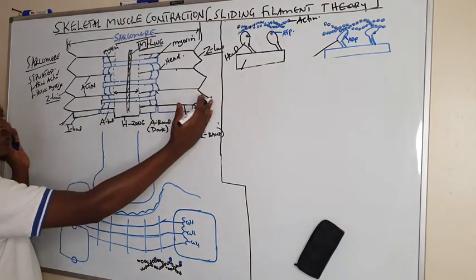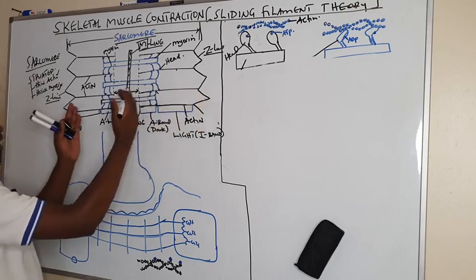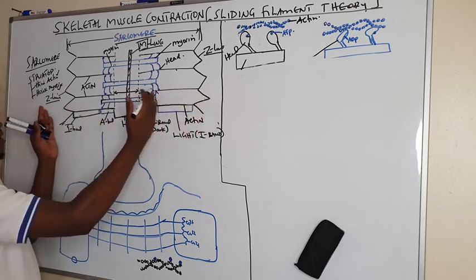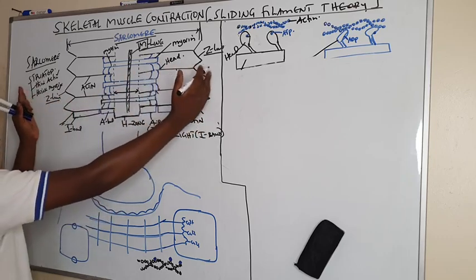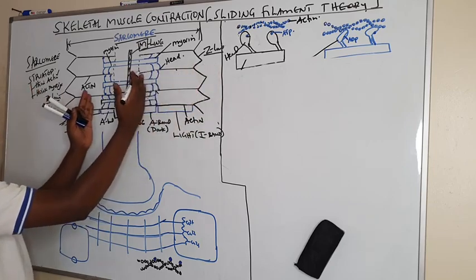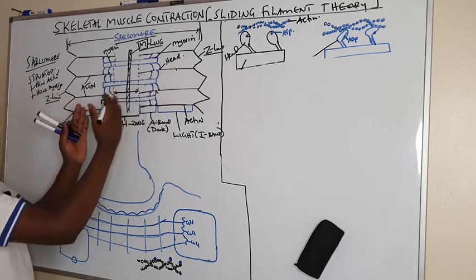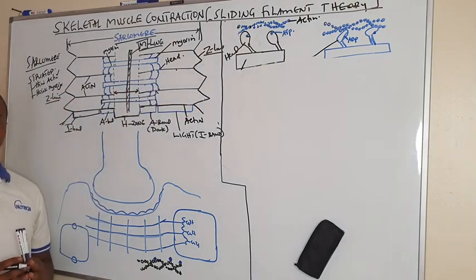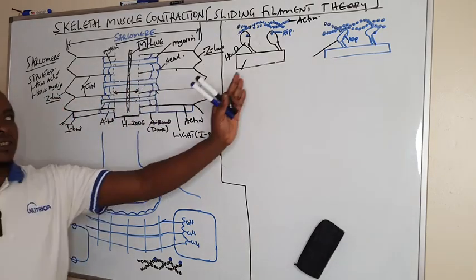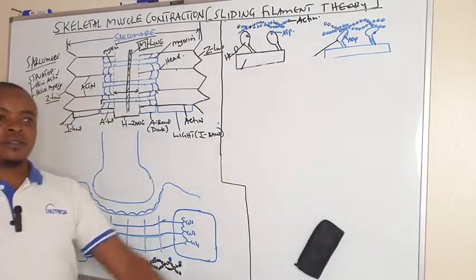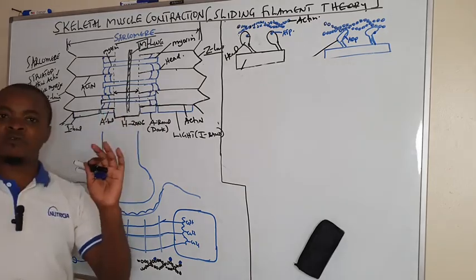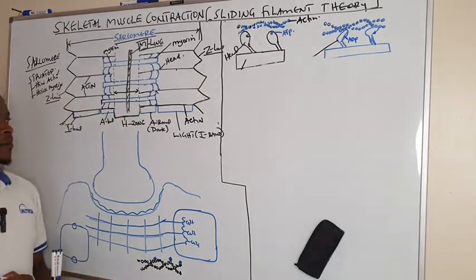And because of the sliding of the thin actin past the stationary myosin, you're going to see the Z lines come closer. Then the I band shortens. That is during muscle contraction, as we shall see after sliding filament. So this is the brief structure of a sarcomere.